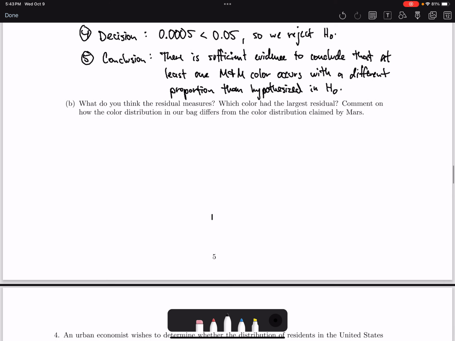Part B, what do you think the residual measures? Well, we've talked about this. Which color had the largest residual? It was yellow. Comment on how the color distribution in our bag differs from the color distribution claimed by Mars. So we would say the residual measures the difference between what was expected and what was observed.